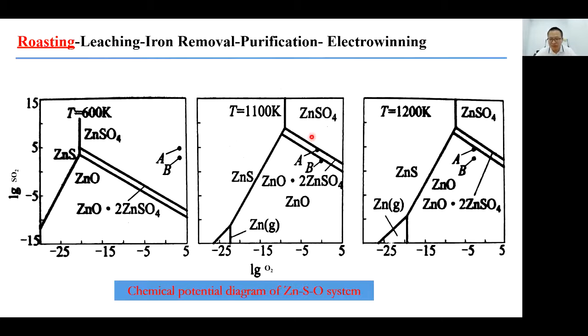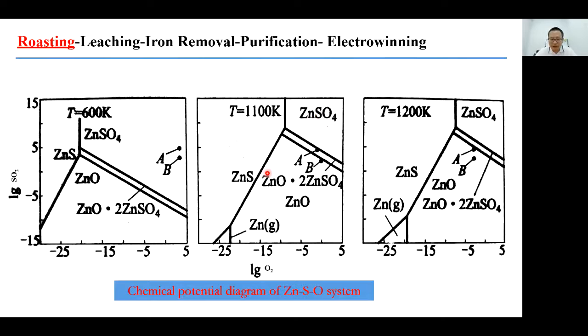The problem is that if we produce zinc sulfate in the roasting stage, it can be leached with water, but in the electrical winning part, the sulfate will convert to sulfuric acid. So the amount of acid in the system will accumulate. So we should find a way, or find a route, for the utilization of sulfur.